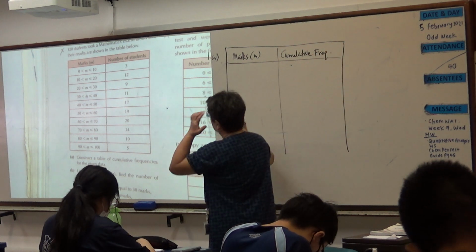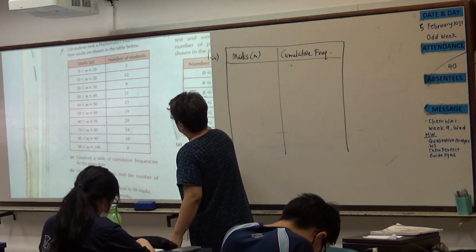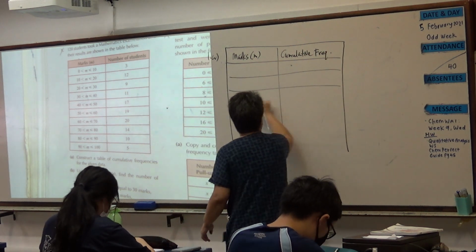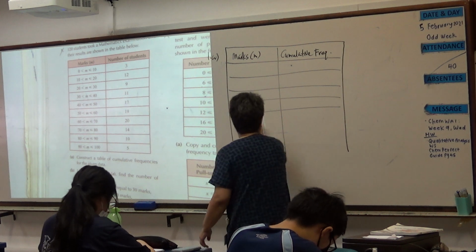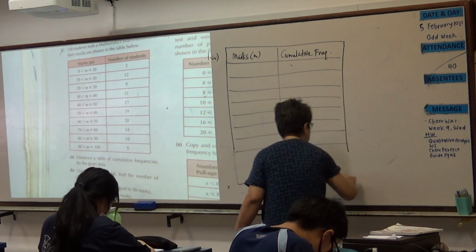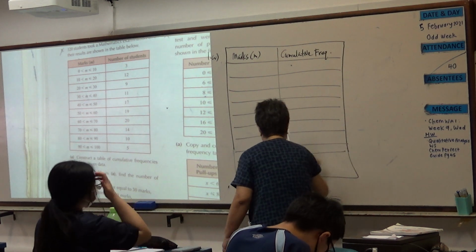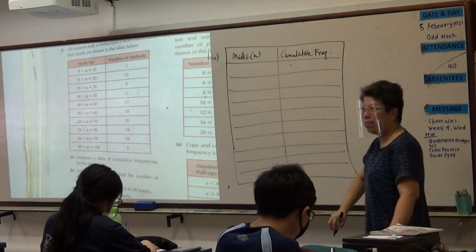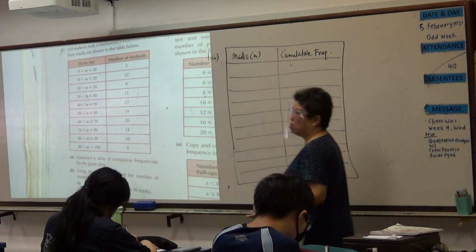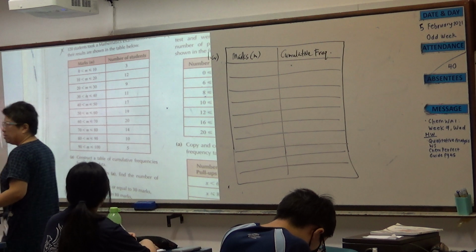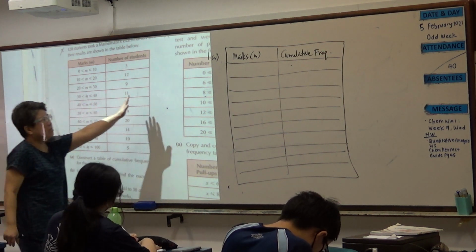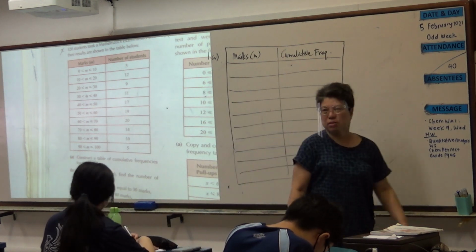Cumulative frequency. Now, we must know how to construct because like that, it's a bit troublesome. Now, you draw first. Just write marks and cumulative frequency first.